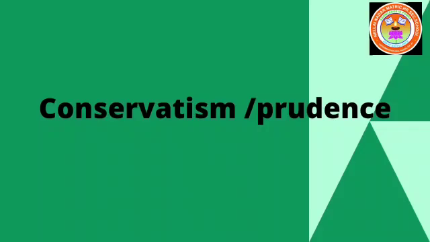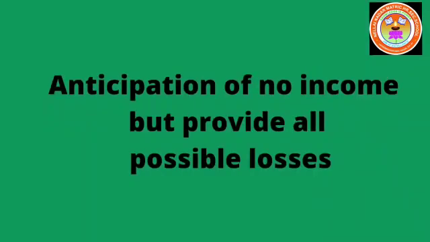Conservatism. Conservatism states that the accountant should not anticipate income and should provide for all possible losses. When there are many alternative values of an asset, an accountant should choose a method which leads to the lesser value. Later on, we shall see that the golden rule of current assets valuation, cost or market price, whichever is lower, originated from this concept.